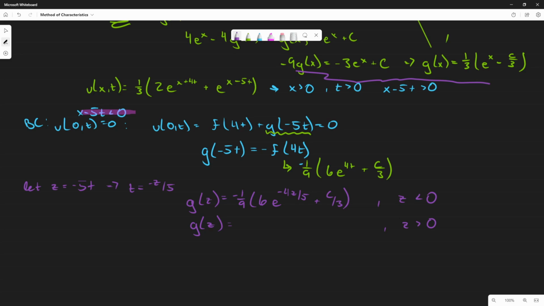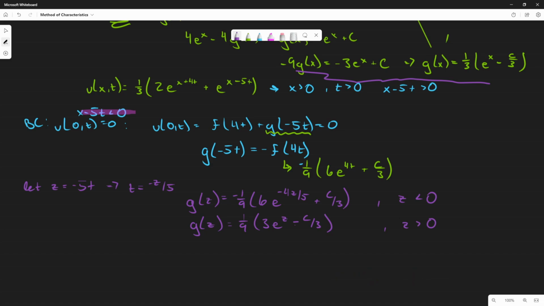So it would just be 1/9 multiplied by 3e to the z plus c over 3.